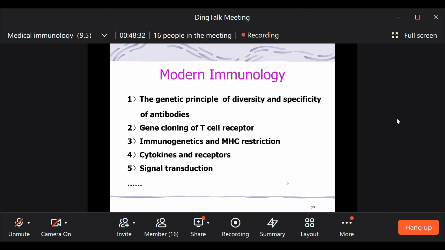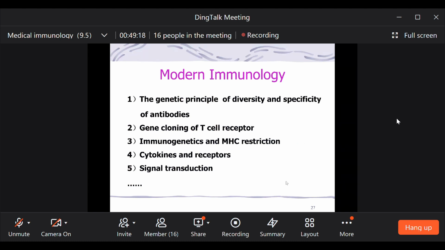And modern immunology includes the genetic principle of the discovery, the diversity and specificity of antibodies, and the gene cloning of the T cell receptor, immunogenetics and MHC restriction, and cytokines and receptors, signal transduction, which represent the modern immunology research headquarters.